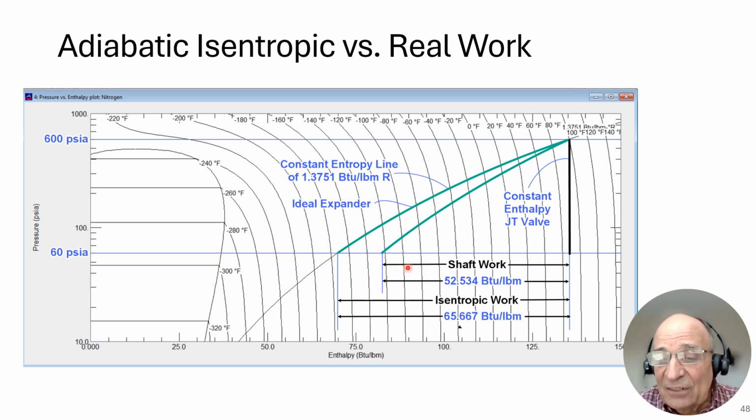So we see that the actual shaft work is 52.534 BTUs per pound mass. And this is nothing more than 80% of this, as shown here. So this is the constant entropy expander, and this is the real world expander. And you can see the relationship.